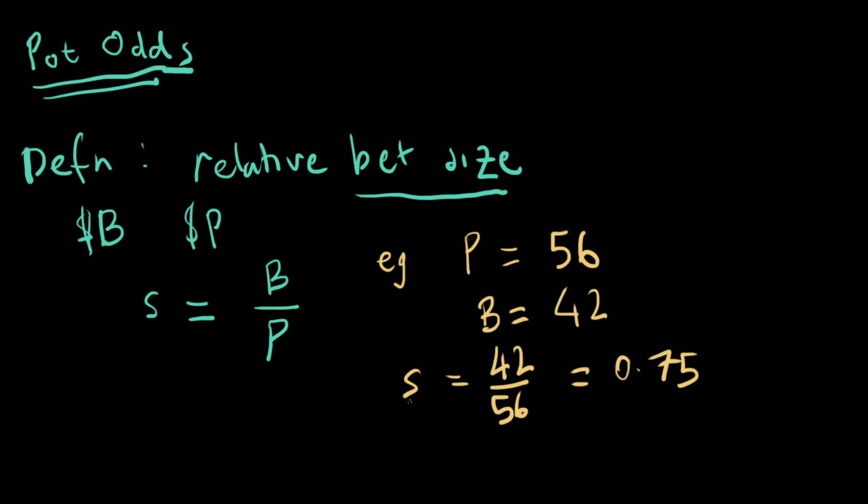So pretty straightforward, relative bet size. Basically every time we have a bet and we have a pot, we're taking the size of the bet relative to the pot, and we call that this number S.